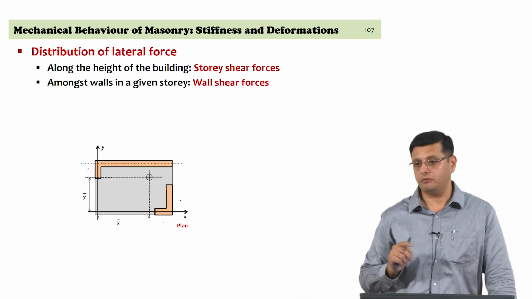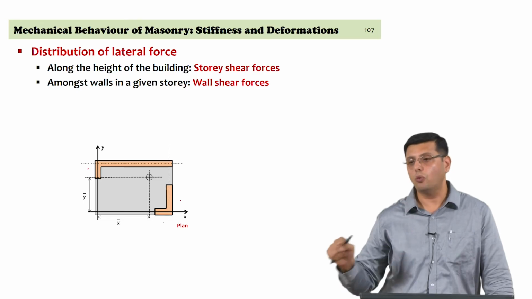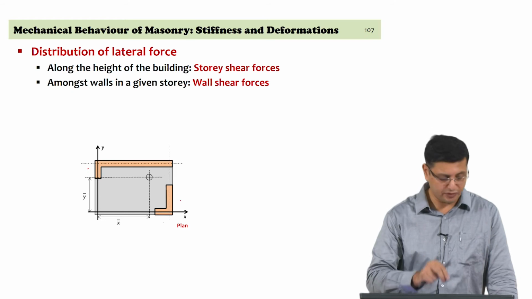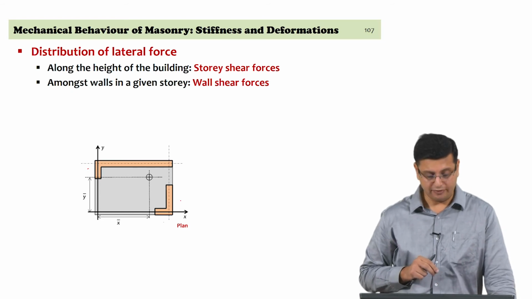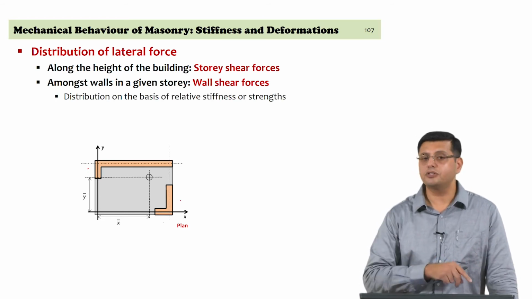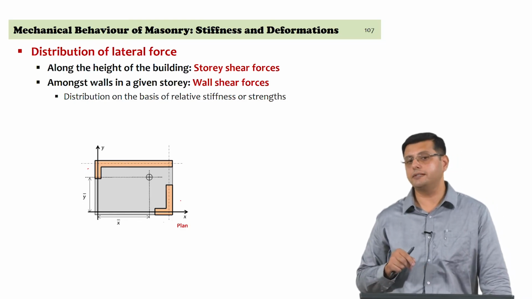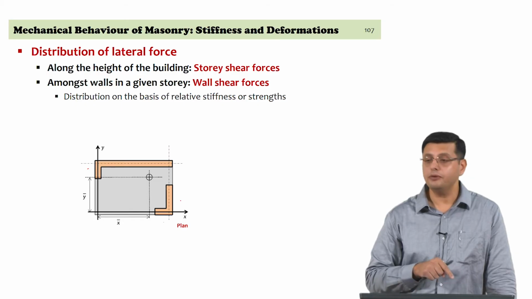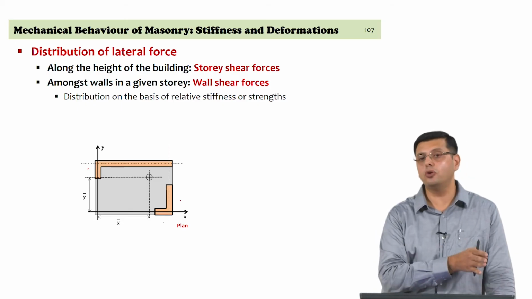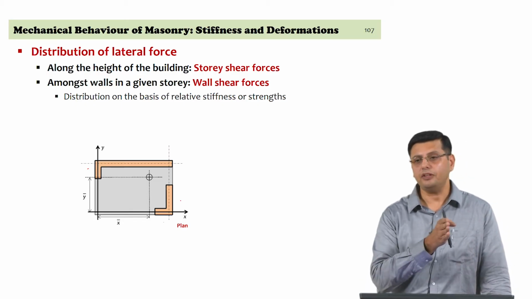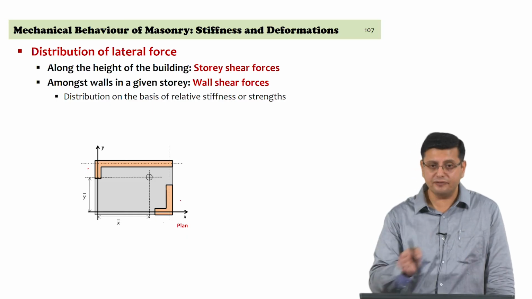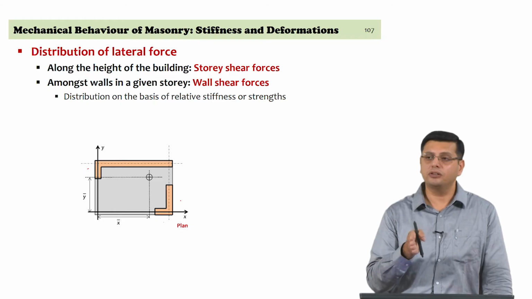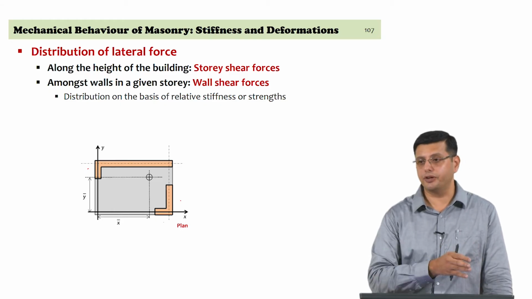This distribution from the story shear to the wall shear forces is affected by some assumptions and actual physical conditions of the structure itself. And what are they? This distribution is going to be on the basis of the relative stiffness or strength of the walls themselves. So, you need to have an estimate of the stiffnesses of the walls in a given story. It is based on this stiffness that the distribution is going to happen.